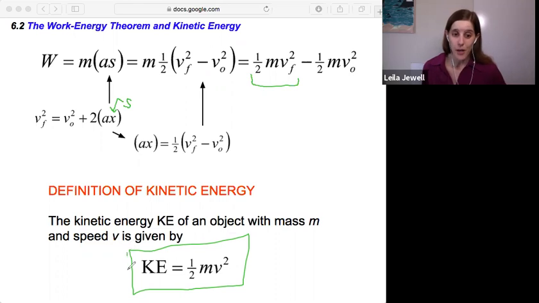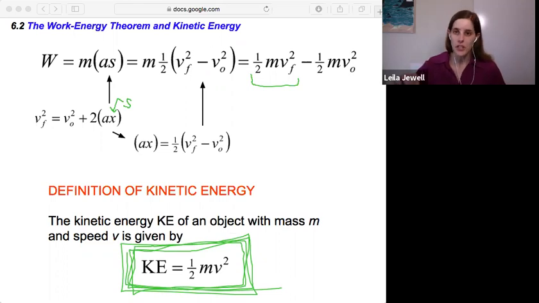This equation pops up all over physics, so it's a really good one to sink your teeth into. 1/2 mv squared. We're going to see it quite a bit. Note, it is the speed here, more precisely than velocity, because the direction doesn't matter. To convince yourself of that, if you plug in a negative velocity, because you're going in the negative direction, it would still come out to a positive kinetic energy because that term is squared.